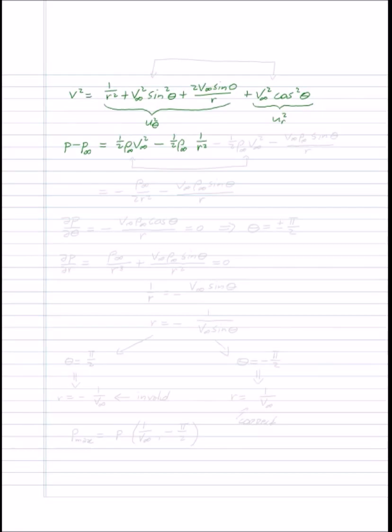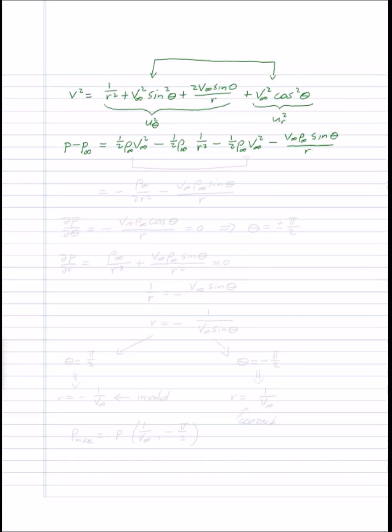Then we've got minus, and what you see is that here and here we've got ourselves a sine squared plus a cosine squared, which is going to give me 1. So that's going to result then in a term which is a half rho infinity v infinity squared. Then we've got a final term, which is my v infinity times rho infinity times the sine of theta, and we divide all that times r. You see that the 2 has vanished because it's multiplied times a half.